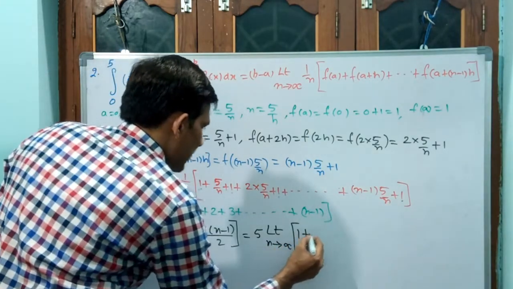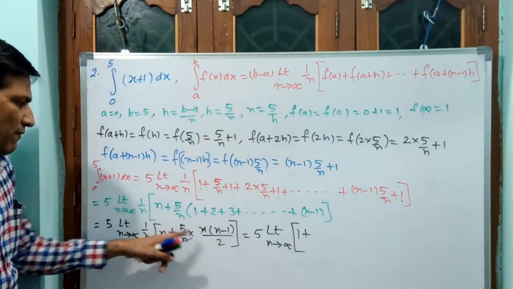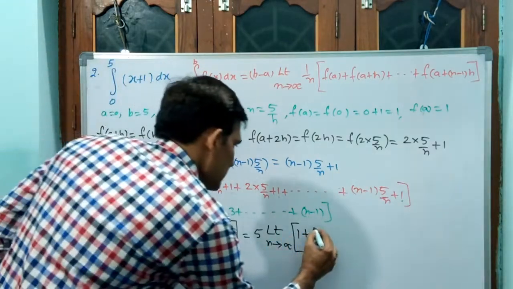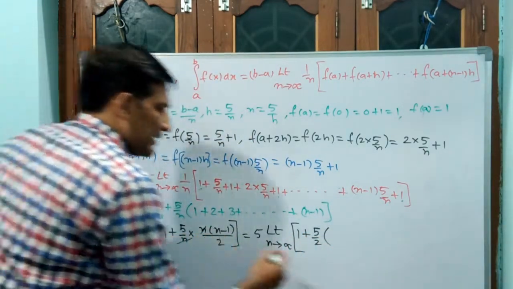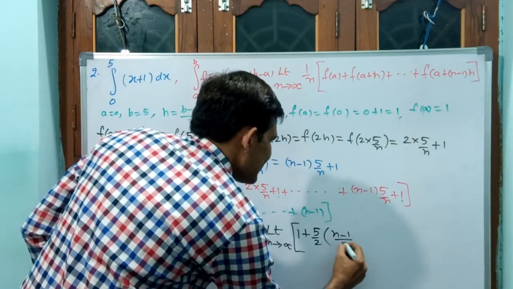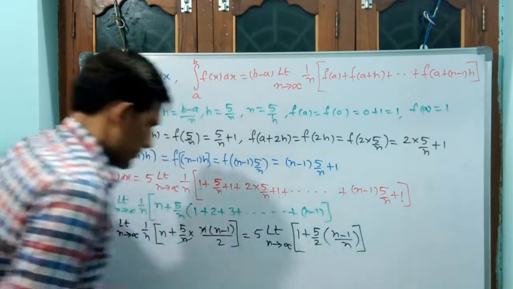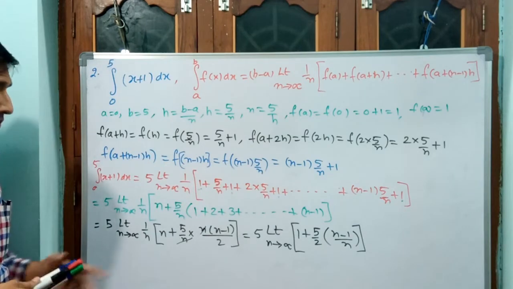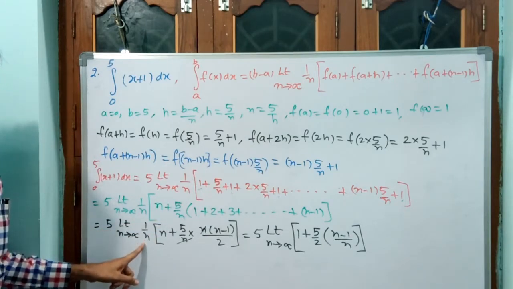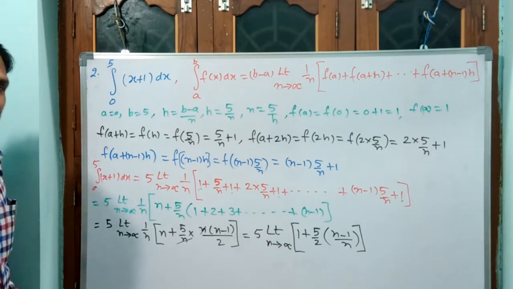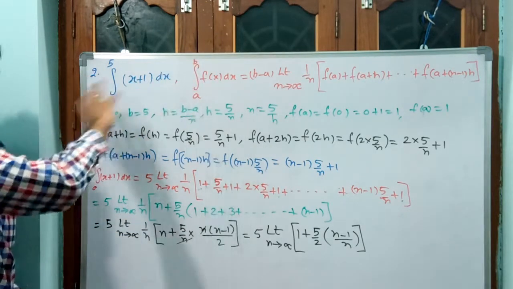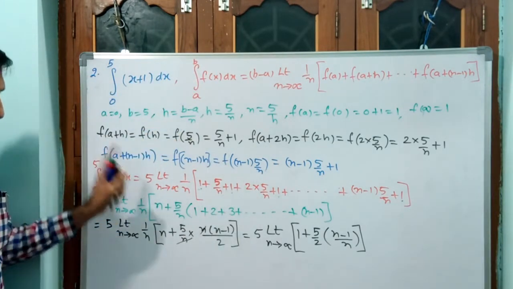Write down 1 plus, see, 5 by 2 you take out, 5 by 2, n minus 1 by n. Is it okay? See, outside 1 by n is not there, inside it has gone. Now what you have to do, you pass and note down. Why? Because I am going to remove 2-3 lines on top. This is a big question.